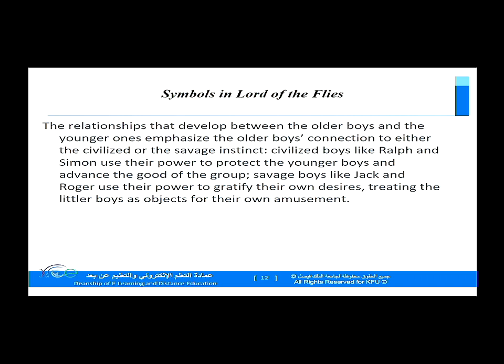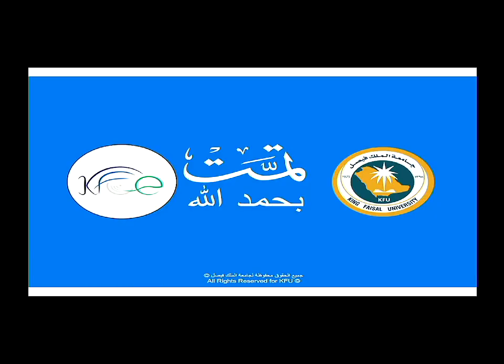Savage boys like Jack and Roger use their power to gratify their own desires. They don't care about anybody else. They're like hunting, and they get a high when they go hunting, and that's all they want to do, and they develop a taste for blood and for killing, treating little boys as objects for their own amusement.